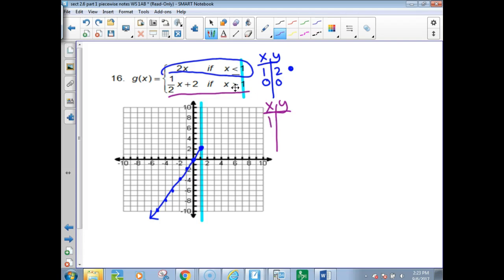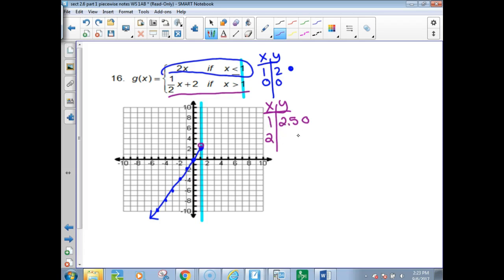All right. Put 1 in and, oh dear, 1/2 of 1. I'm going to get 2 1/2. And that's where my open dot is. How am I supposed to fit that on there? Squeeze it. Is that right? Yeah, if I put in 1, I get 1/2 plus 2, 2 1/2. Okay. And then put in 2.